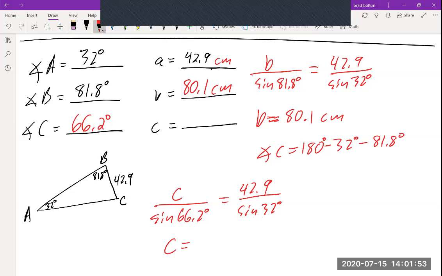So then C should equal 42.9 divided by the sine of 32, enter, and then multiply by the sine of 66.2 degrees, and I get 74.07 centimeters. Okay.